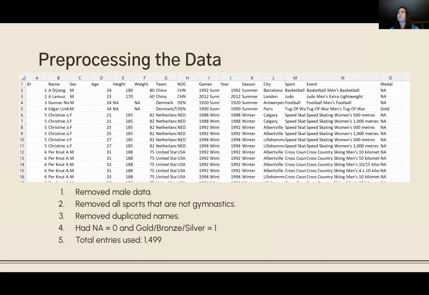I used the duplicated function in R, and that allowed me to remove the duplicated names, so that only one of each name remains. For example, lines 6 to 11 are the same person, so you have to remove maybe 5 of them and keep one of them.